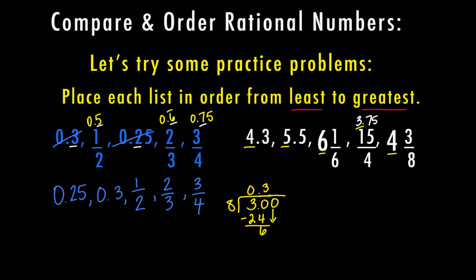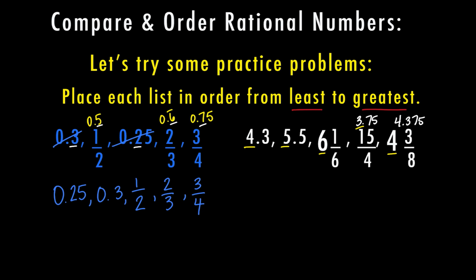Bring down my 0. 8 goes into 60 7 times, which equals 56. And then 8 goes into 40 5 times. So now this equals 4 and 375 thousandths. All right, so now we can go ahead and put these in order from least to greatest.